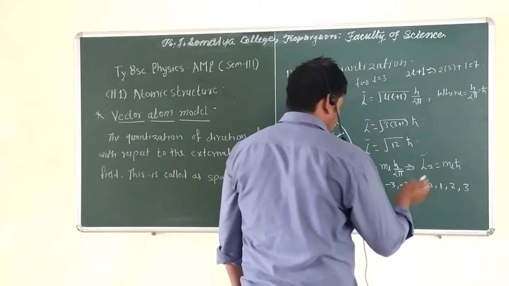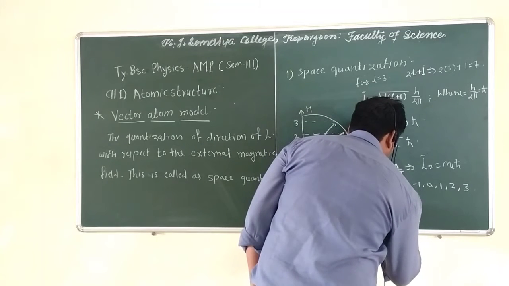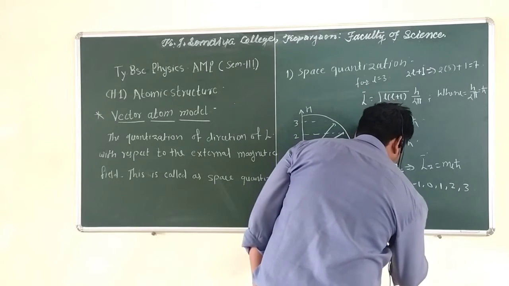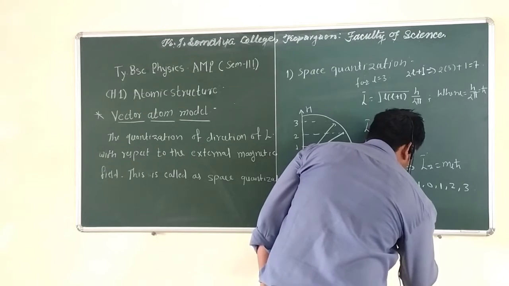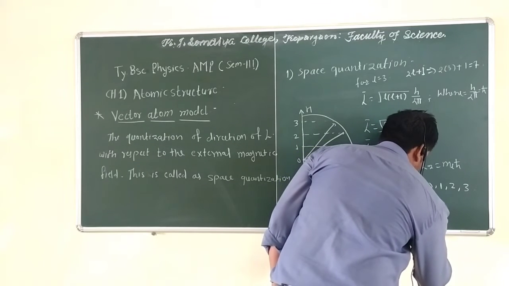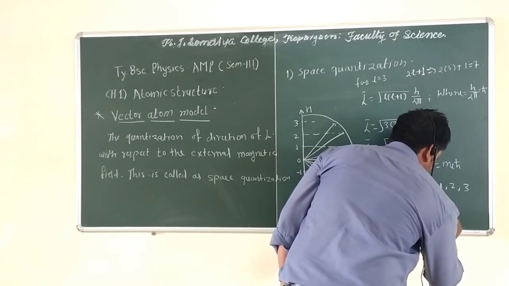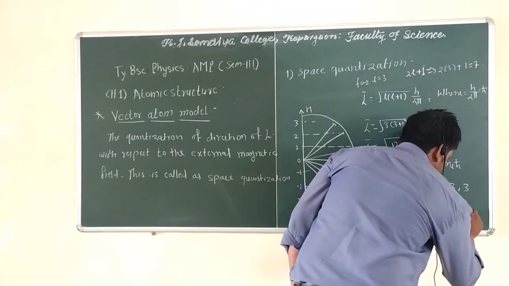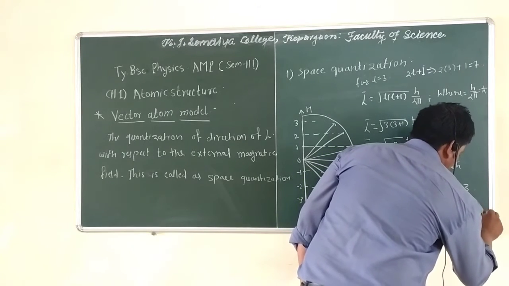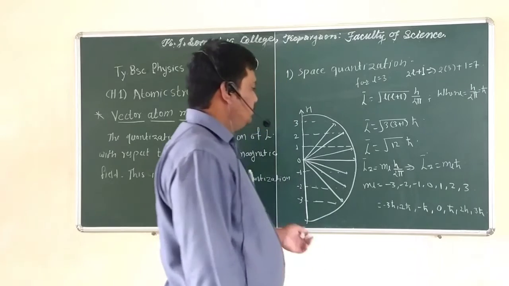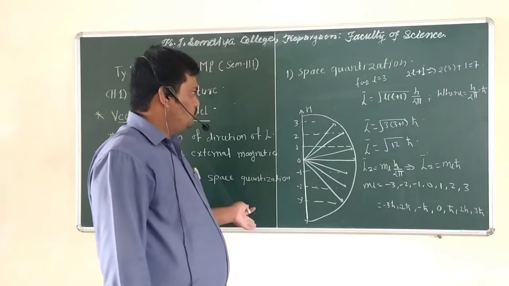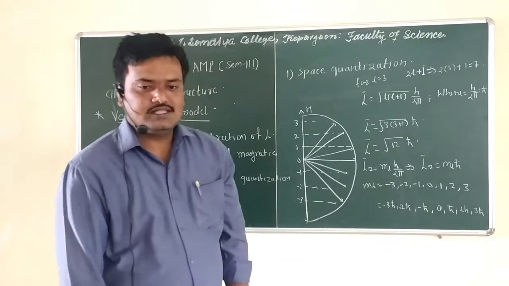So Lz, the projection operator, is given by -3h cross, -2h cross, -h cross, 0 h cross, h cross, 2h cross, and 3h cross. Similarly, the calculation is the same for L is equal to 2.